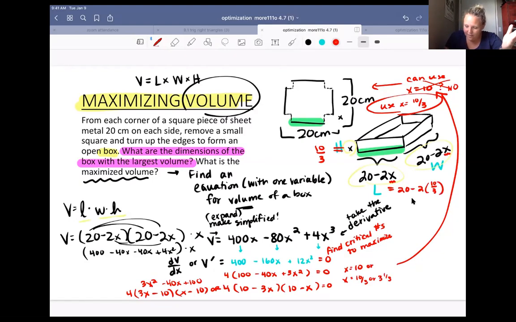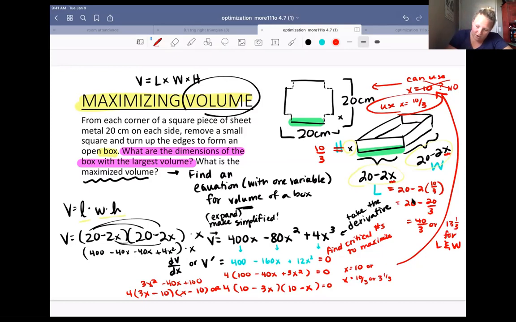So if this is 20 minus 20/3, I think it ended up being like 40/3, or what is that, 13 1/3? For length and for the width. That's what the number ends up being. And sometimes they're repeating decimals and sometimes they're nice, like 14.5, but this just happens to be thirds. And that's okay. But there are your dimensions.